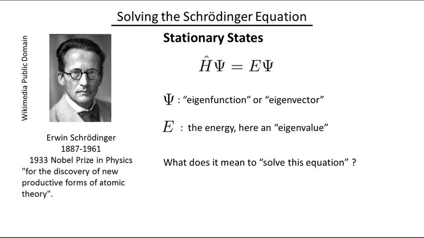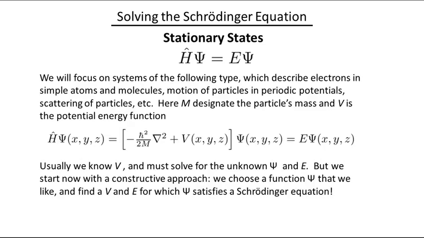So here is the time-independent version of the Schrodinger equation. The Hamiltonian operating on psi: psi is an eigenfunction of the Hamiltonian operator with eigenvalue E. And what does it mean to solve this equation?